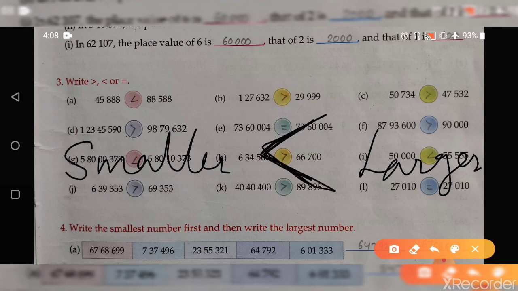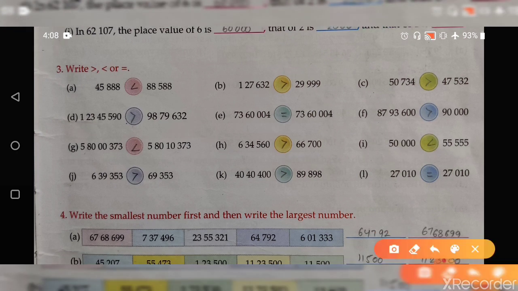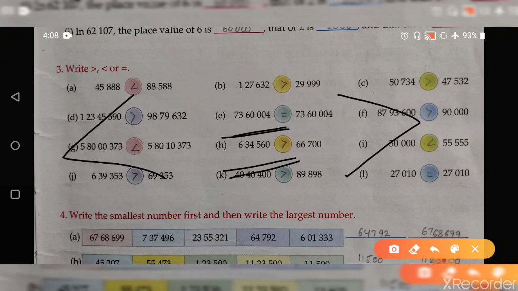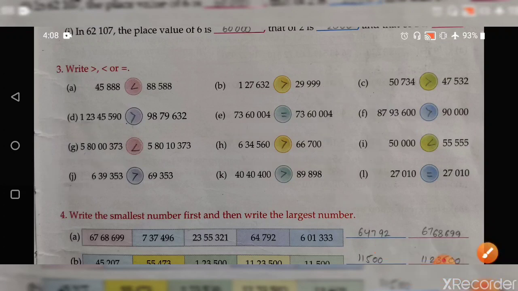The number which is smaller will always have the pointed side and the larger number will have the opened side, and if the numbers are equal to each other, we always put equal to. So when the number is smaller, we put this sign. When the number is greater, we put this sign. Always remember that when the number is smaller, the smaller number will have the pointed side and the greater number will have the open side.